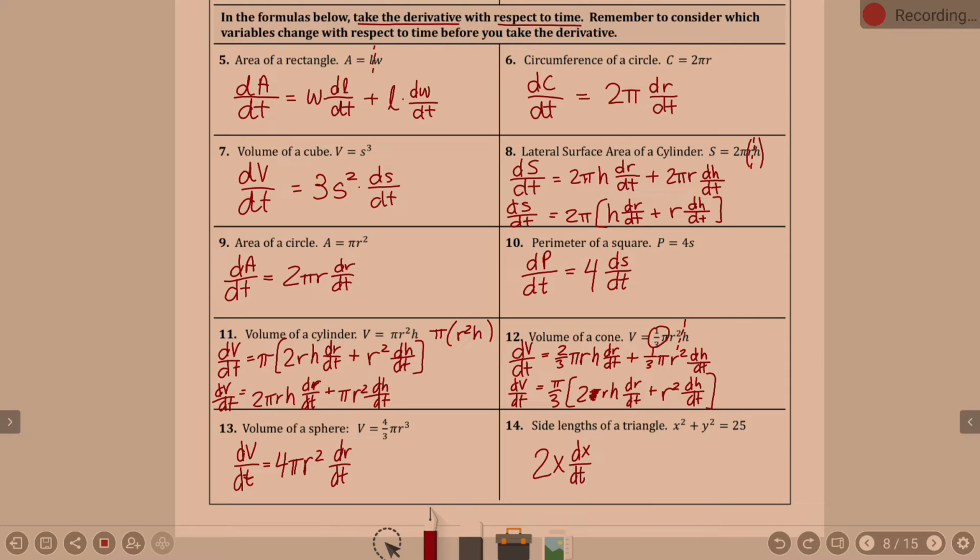We took the derivative of an x variable with respect to time, and then dy/dt equals 0. So 2x dx/dt plus 2y dy/dt equals 0.